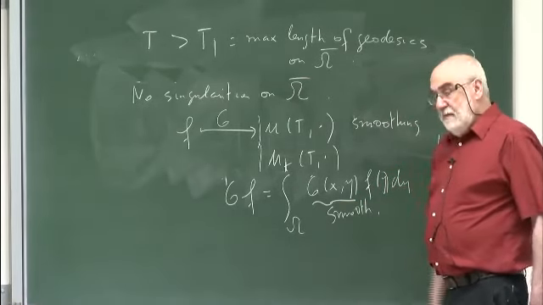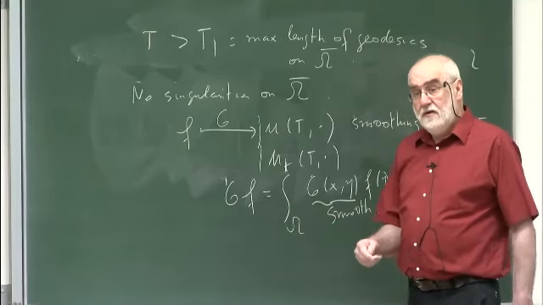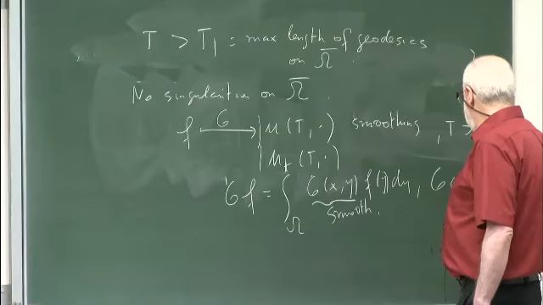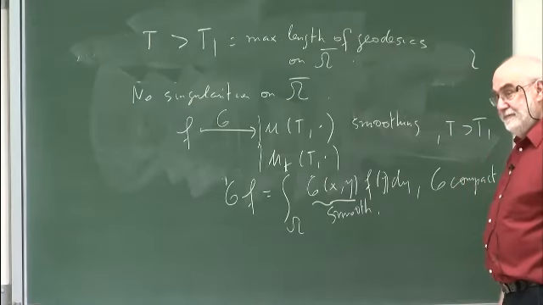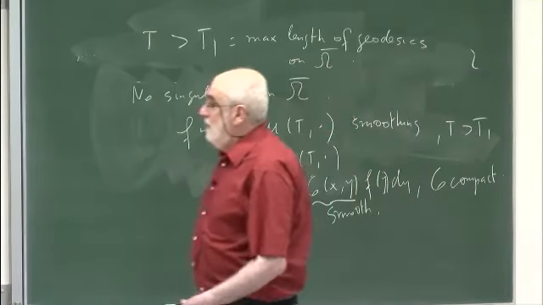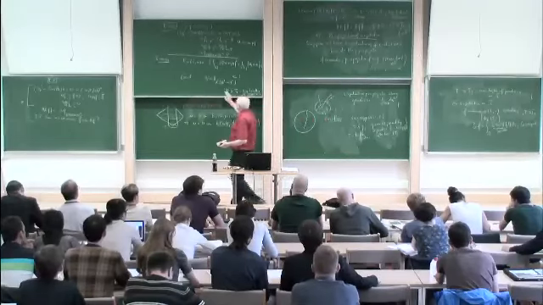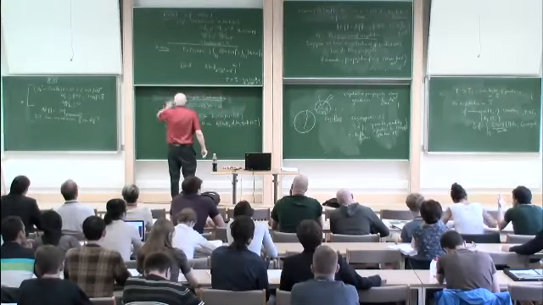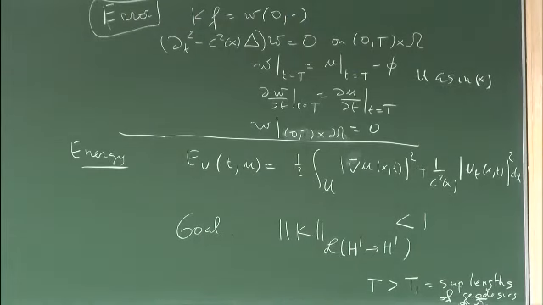And what can you say about G? This is a bounded domain. G is a compact operator. Right? G is compact. Okay, so this operator is compact, but remember the W that we have here is the initial, the K is the initial. I want to prove that the operator K is compact for T sufficiently large.